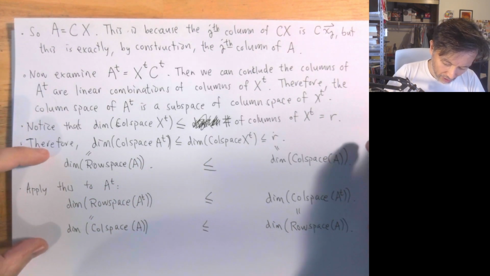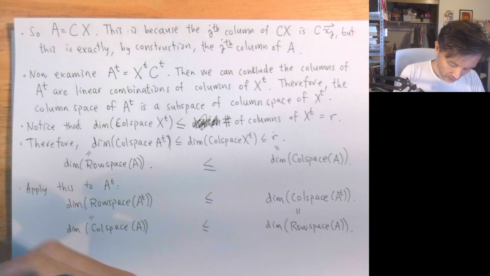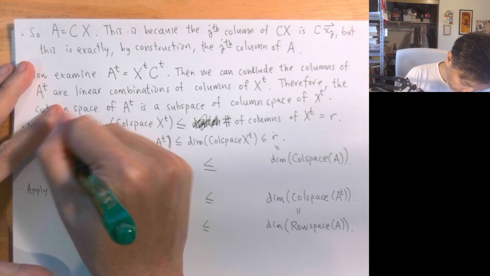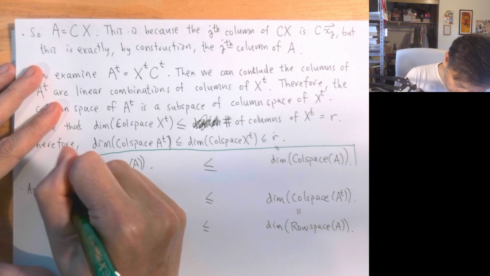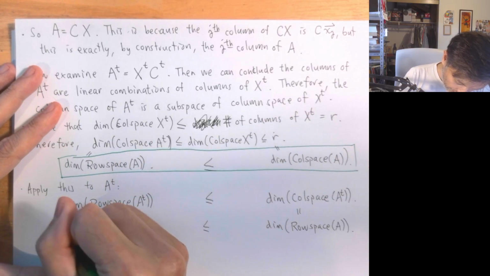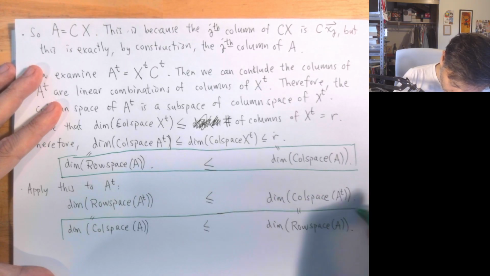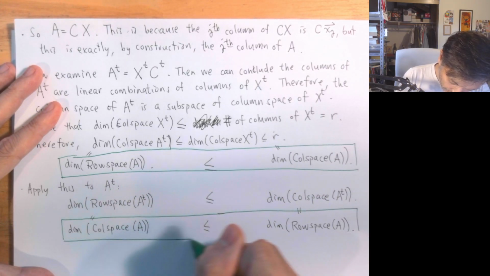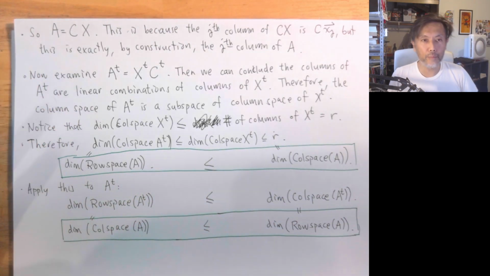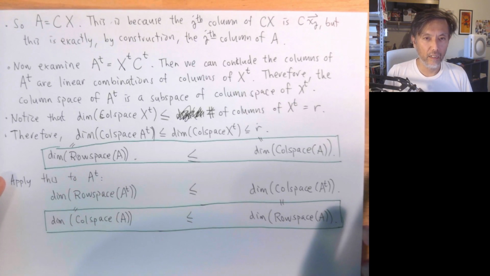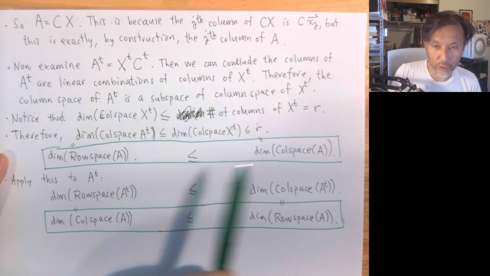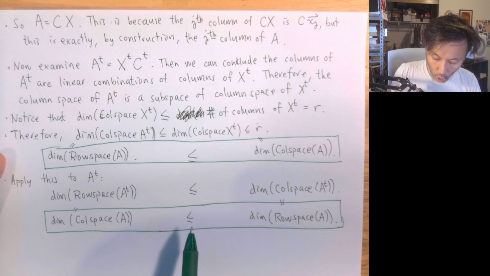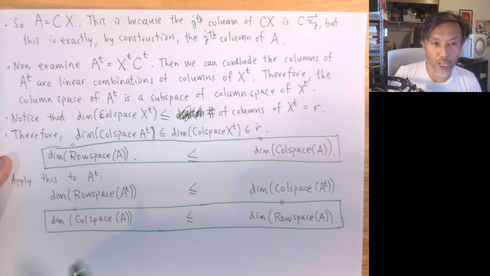Okay, so now I want you to take account of these two inequalities. Here's one in green, and here's the other one that I want you to pay attention to. How could it be that the dimension of the row space of A is simultaneously less than or equal to the dimension of the column space of A, but also greater than or equal to the dimension of the column space of A?